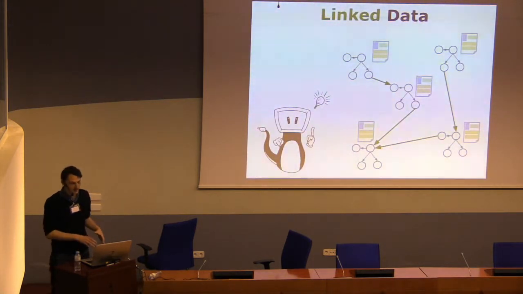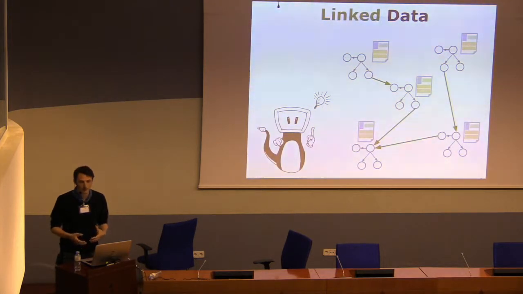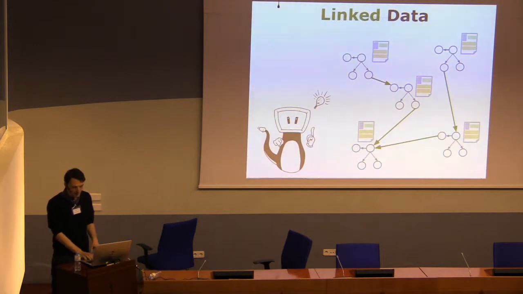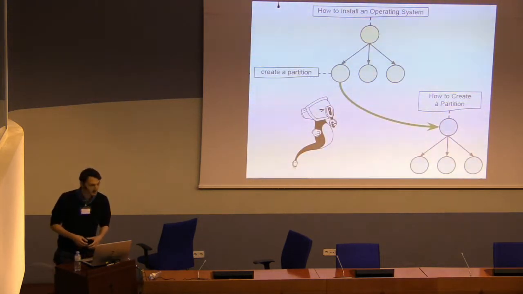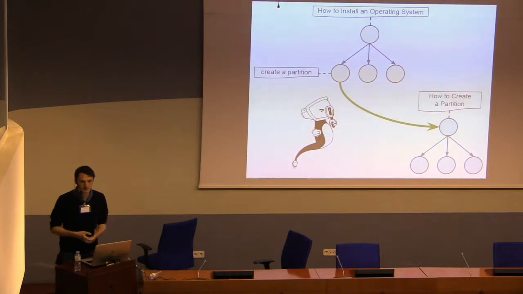But this is not the end of it, because we've seen the data, but it's not linked yet. So to make it even better, we can create links between the various entities. And I've especially looked at two different kinds of links. One is a functional type of link. So we can see here, if you're looking at instructions on how to install an operating system, maybe one of the steps requires you to create a partition.